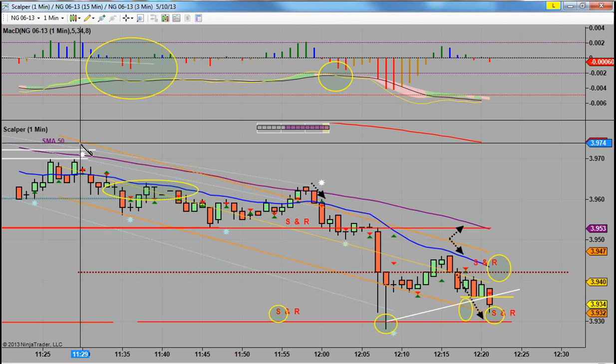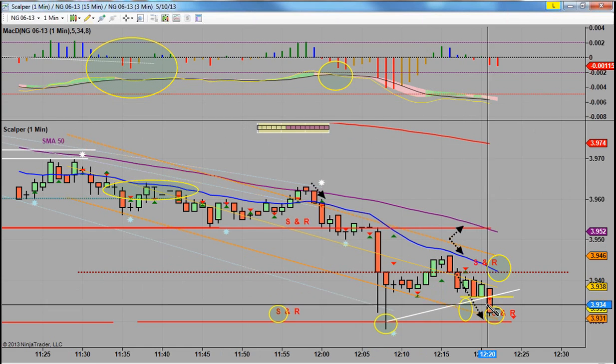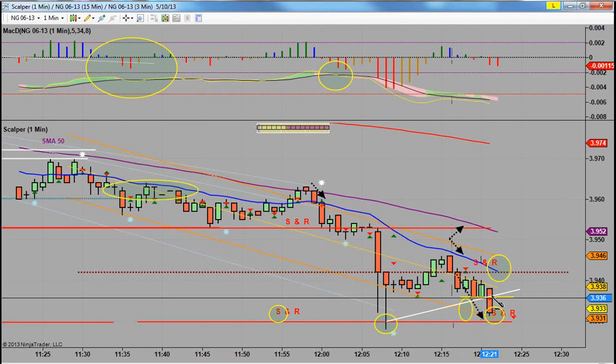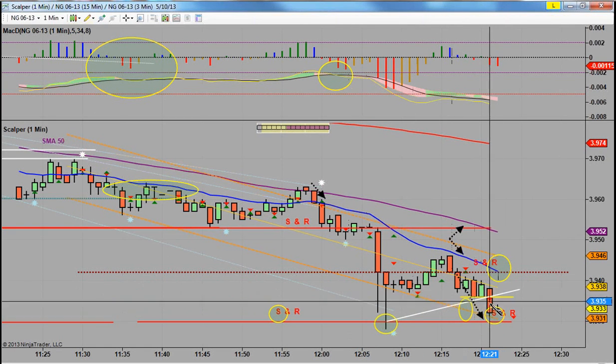One thing you have to consider is your direction. And we've been trending down for quite some time, most of today. So for this to become a higher low, they can't break down through like we want them to. We want them to break down through.